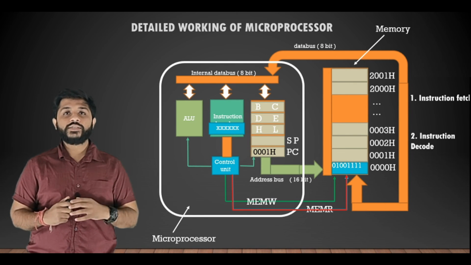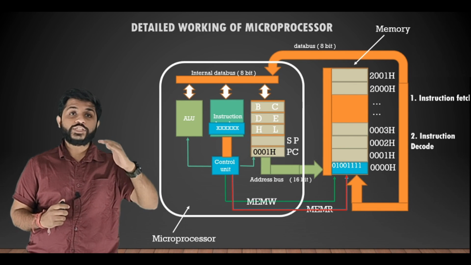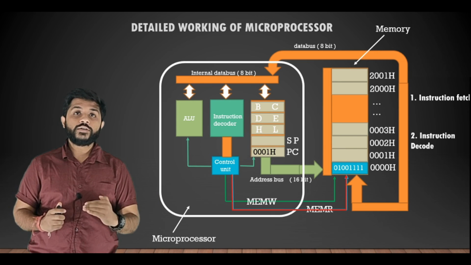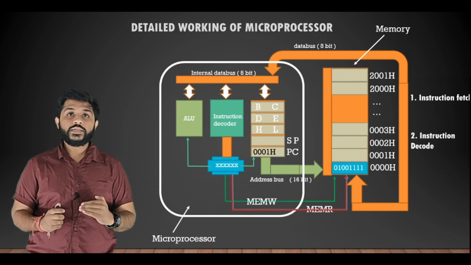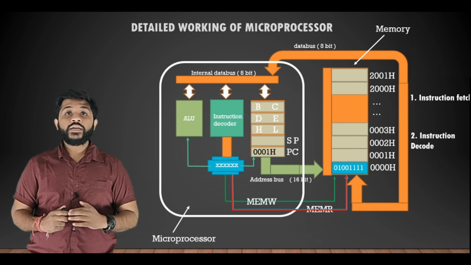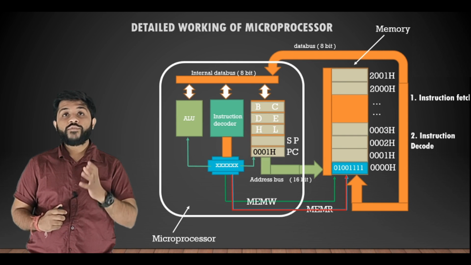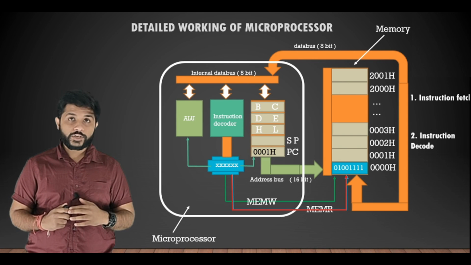After the instruction is decoded, the processor will transfer that instruction from the instruction decoder block to the control unit. You can see that the decoded instruction is transferred to the control unit, and after that the processor will generate different control signals for the execution of that instruction.